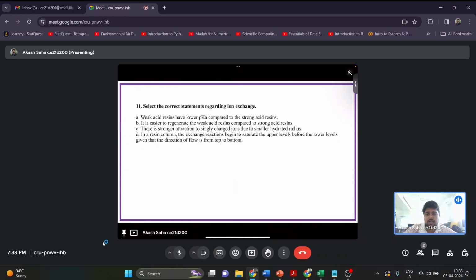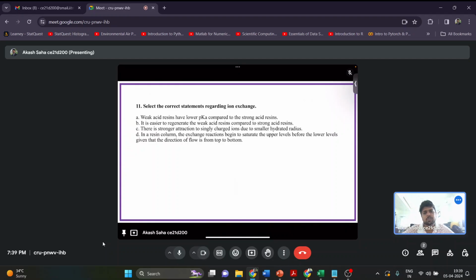Then there is a stronger attraction to singly charged ions due to smaller hydrated radius. This is wrong because the more the charge, the more the attraction will be. So it's not as per singly charged ion. If it's doubly charged or triply charged, it will be much more. So option C is incorrect.